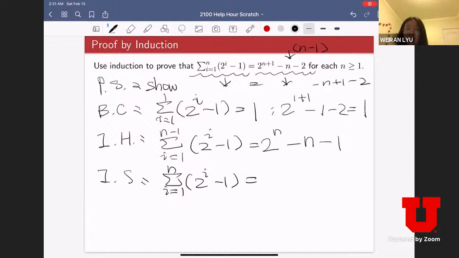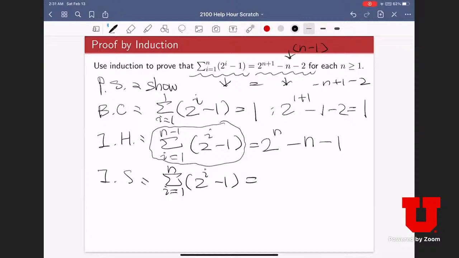Or in other words, how would you create this? Can we expand out the sum and then replace everything up to 2 to the n minus 1 with the closed formula?